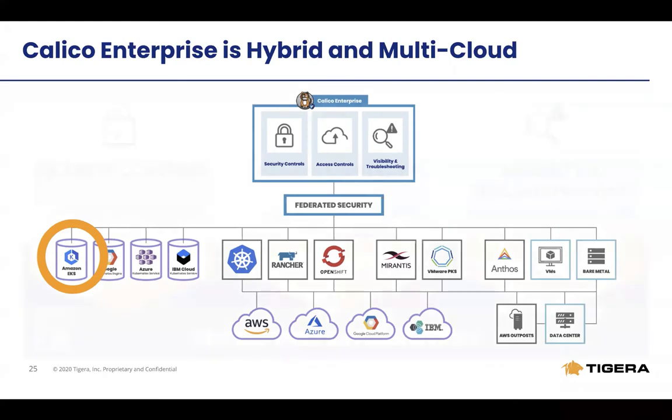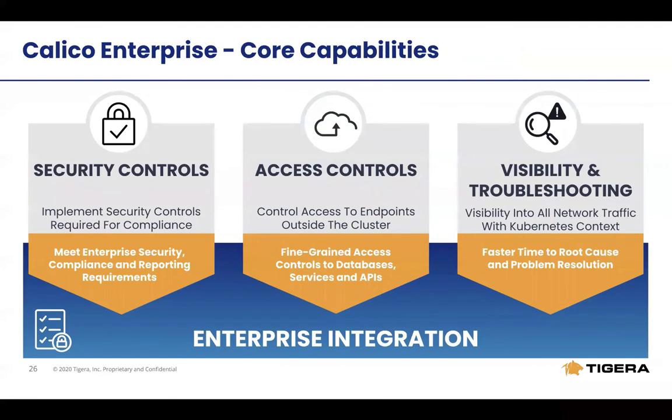So the three key areas that Calico Enterprise focuses on beyond what the Calico CNI and network enforcement does are around security controls, access controls, and visibility and troubleshooting. Those are the features and use cases that we address in the enterprise solution that is Calico Enterprise.